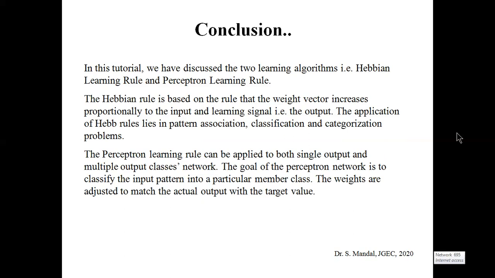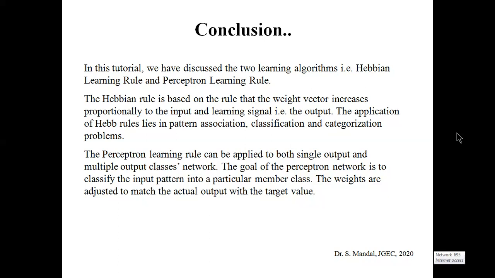Coming to the conclusion, in this tutorial class we have discussed two learning algorithms, the Hebbian learning algorithm and the Perceptron learning algorithm. In the Hebbian learning algorithm, the change in the weight vector is proportional to the multiplication of input and output.